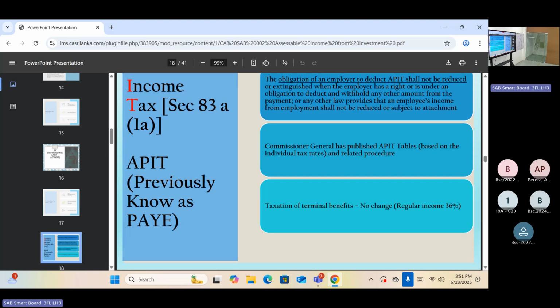So what is the benefit that needs to be recognized? It is the market price. It could be that particular company's share or any other company's share. And some companies, after 5 years, give some portion of shares, either of this company or the parent company or whatever company. That is also part of the benefit.